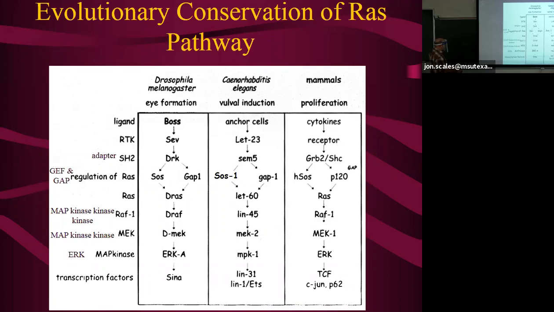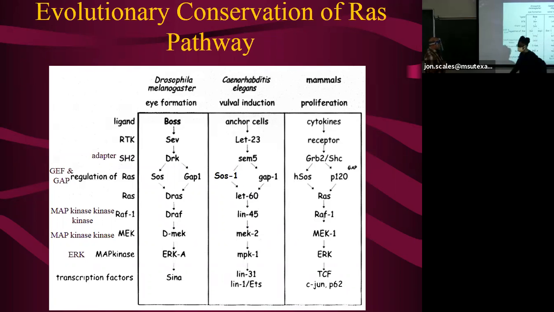RAF was already there, so Drosophila RAF and Drosophila MEK, and then various genes for particular transcription factors down here. The same thing is true over here, except they have different names for some of them, depending on which name came first, plus certain organisms already have their gene family names. C. elegans always names genes with a 3-letter name followed by a number.